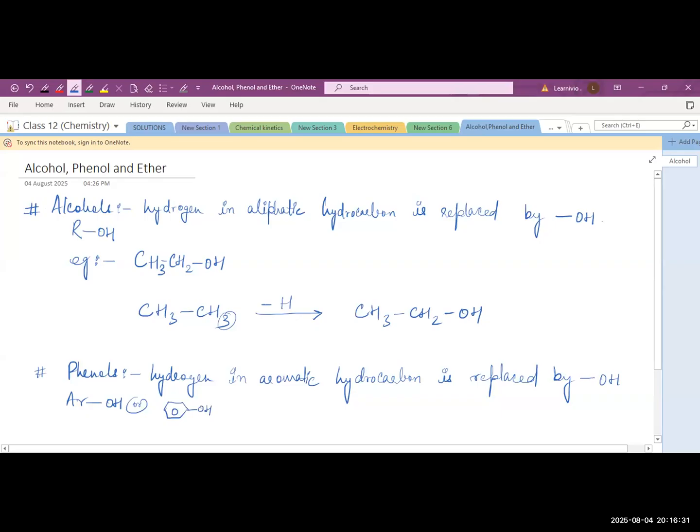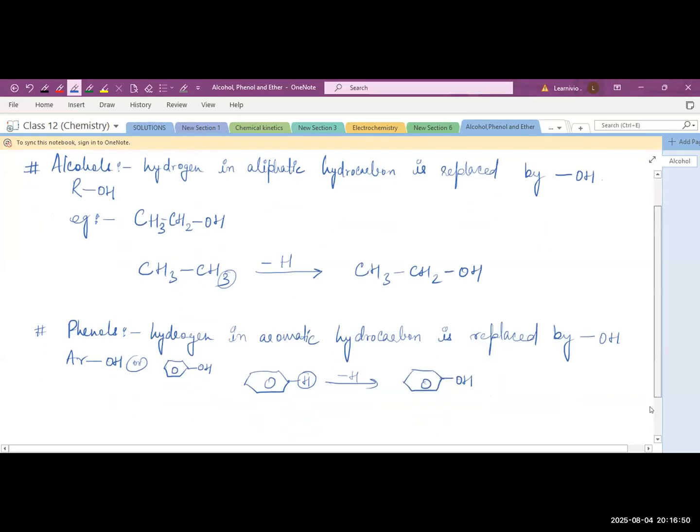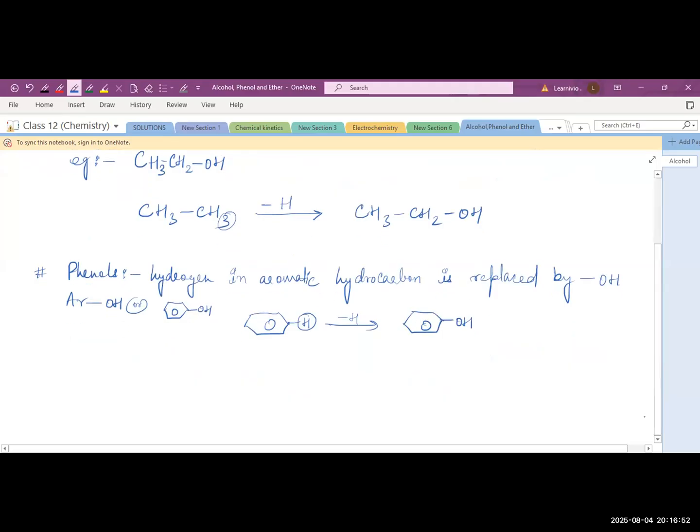If there is a benzene ring, suppose there is a hydrogen here, you just have to replace this hydrogen with an OH group. You will get phenol. So the hydrogen in an aromatic hydrocarbon is replaced by the OH group, and you denote phenol just like this.